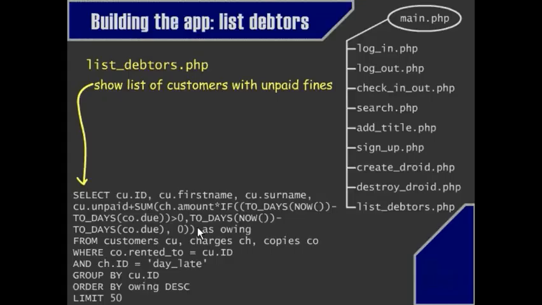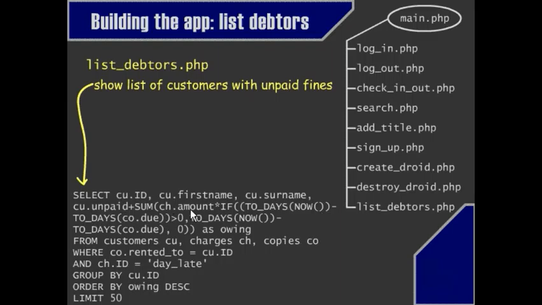Now this column is calculated by adding customers' unpaid fines to a sum, which, if you remember, is an aggregate function which we can use to add up information within multiple rows of a table.